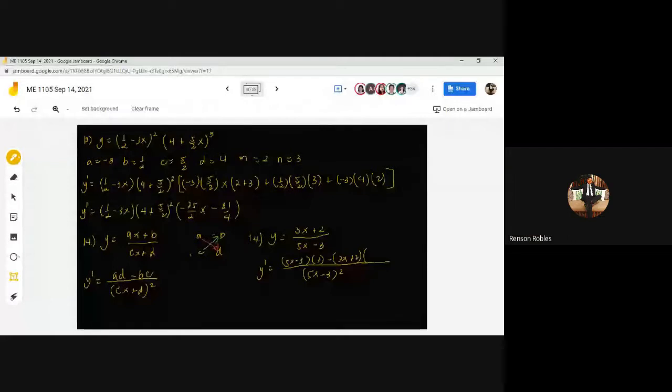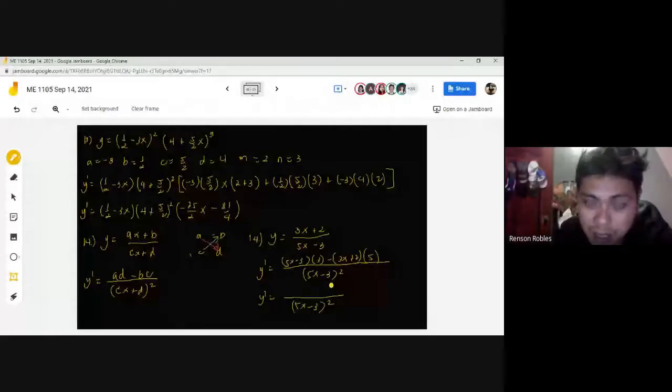And then y prime, copy the denominator, square, and then you just multiply 3 times 5x, 3 times negative 3. Then minus 3x times 5. Then 2 times 5, it's 10. So minus 10. So that's negative 19 all over 5x minus 3 square.